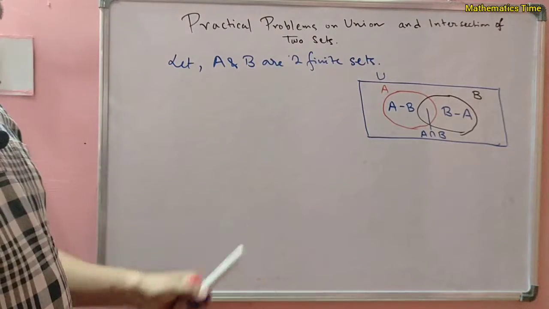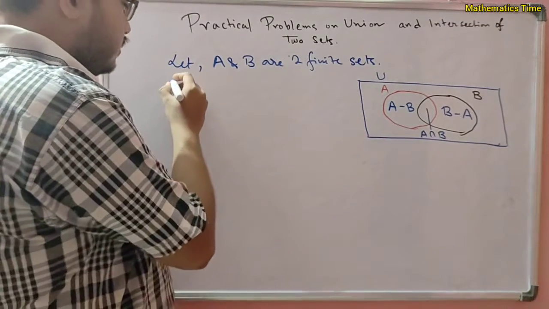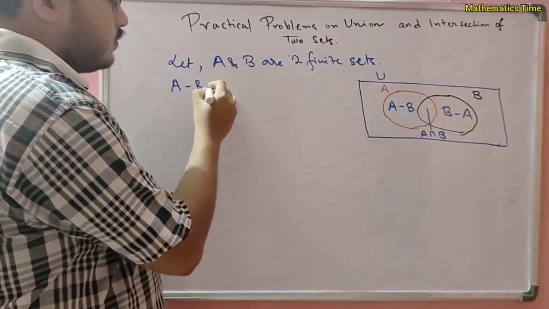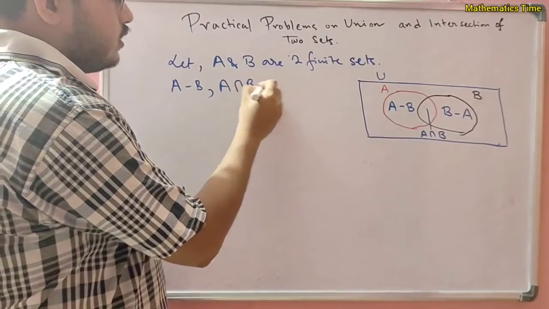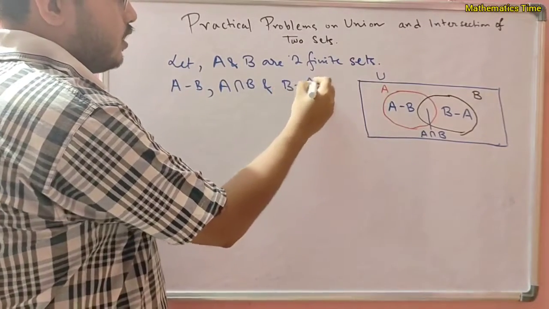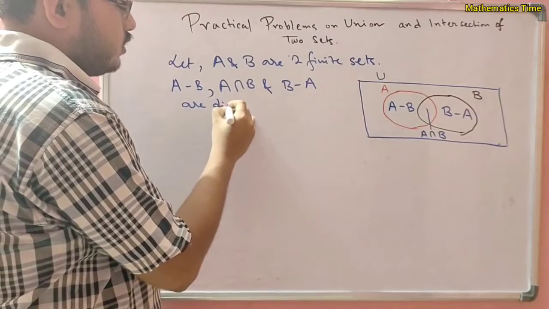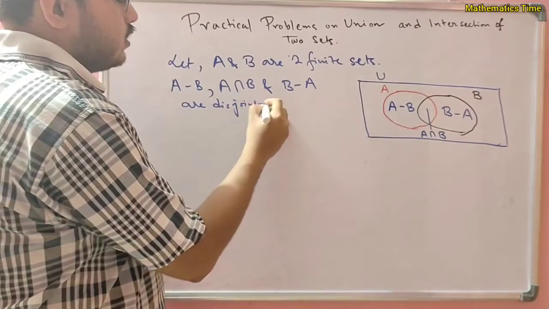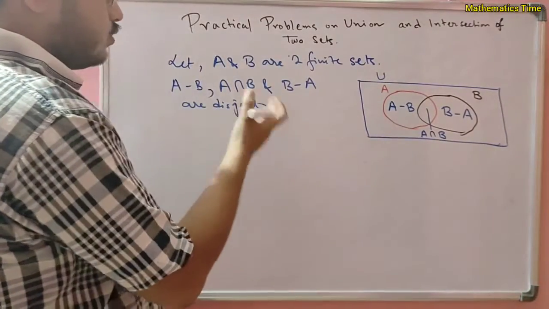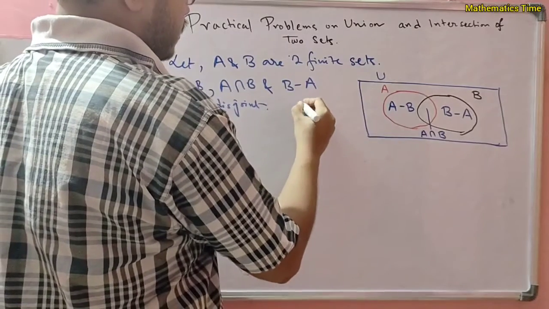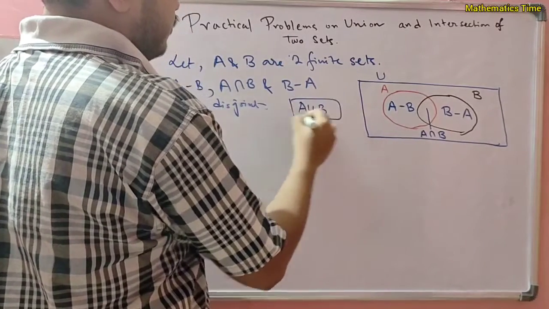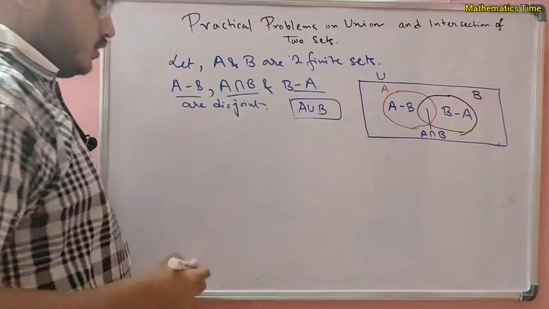So from the diagram, we can say that A minus B, A intersection B, and B minus A are disjoint sets, and also their union is A union B. A union B is the union of all these three sets.